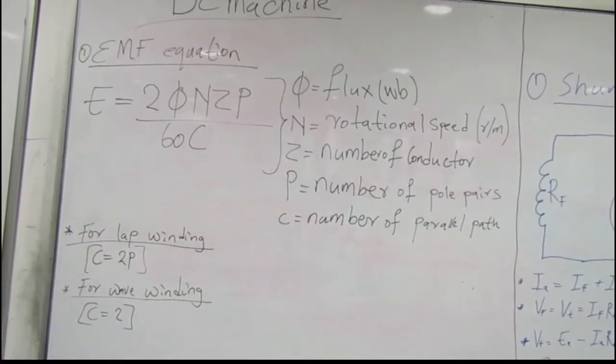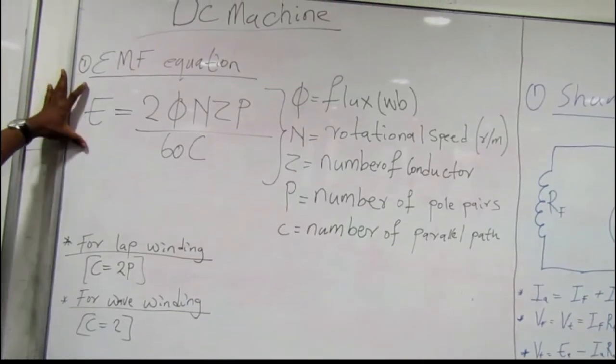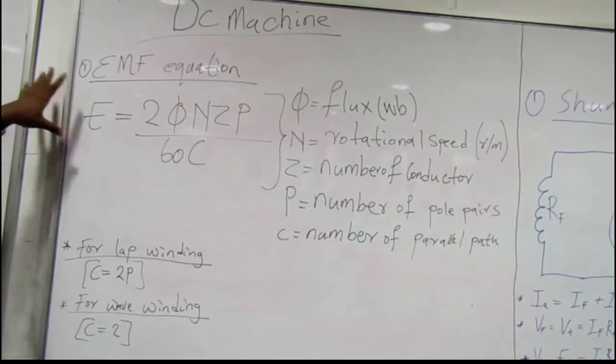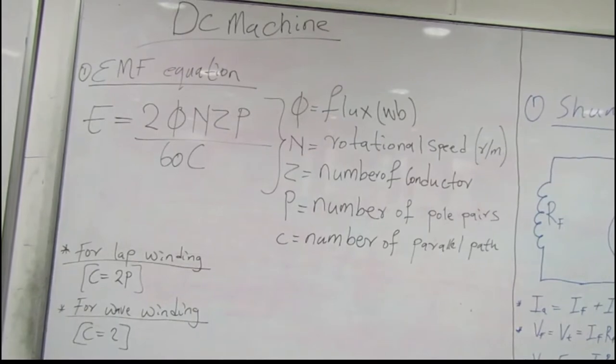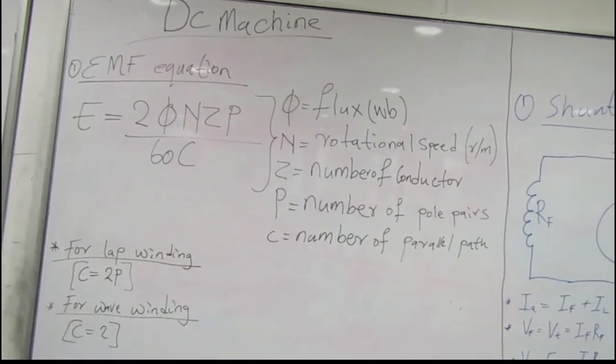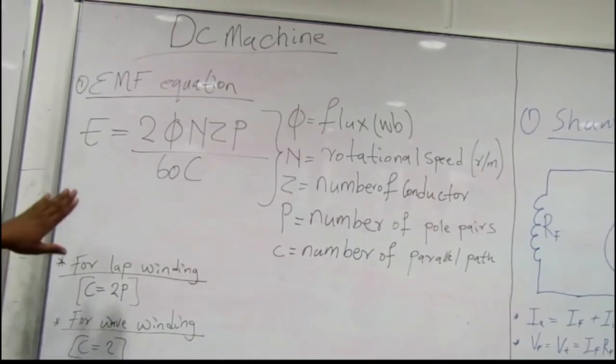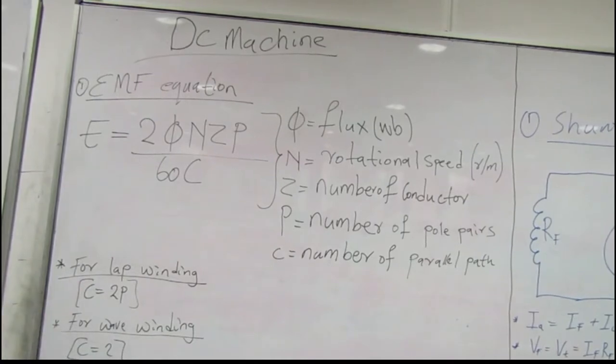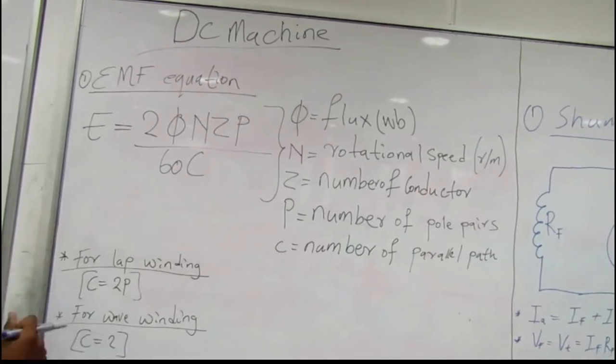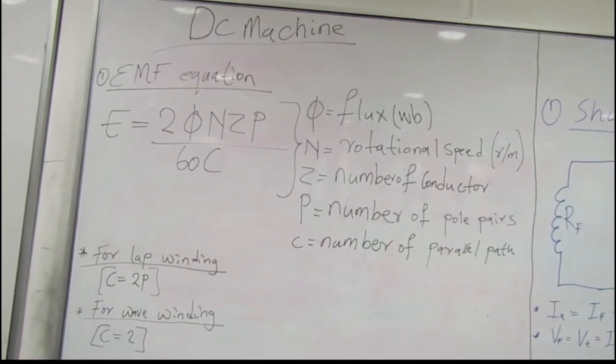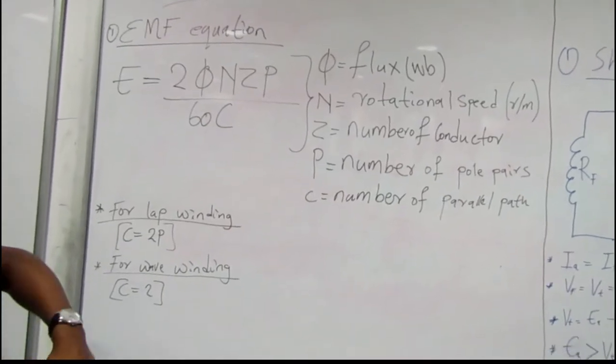You need to note that when you're given this equation and, in a certain question, they say your C is 4, actually for C we only have two basic conditions.